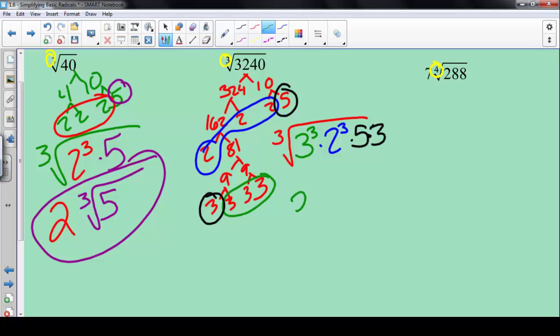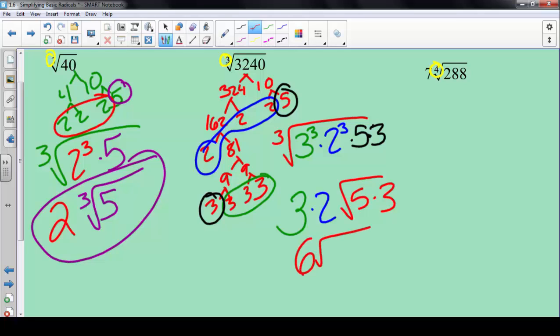So the 3 can come outside because the cubed root of 3 cubed is 3. We'll do the same with our 2. Three times 2 is 6. 5 times 3 is 15. Don't forget that it's a cubed root, so you need this little 3 right here. You need that index.